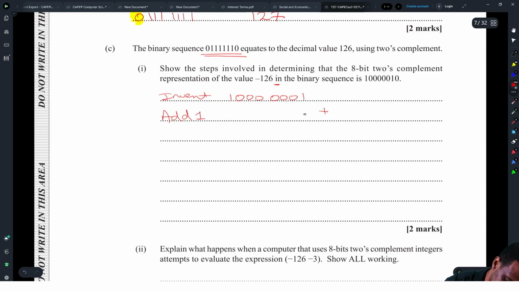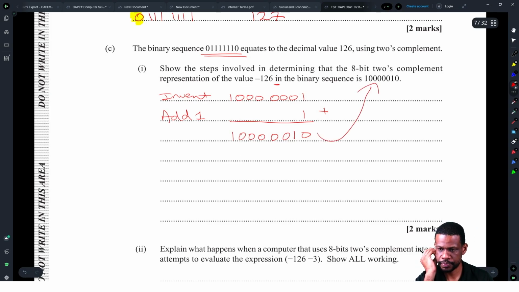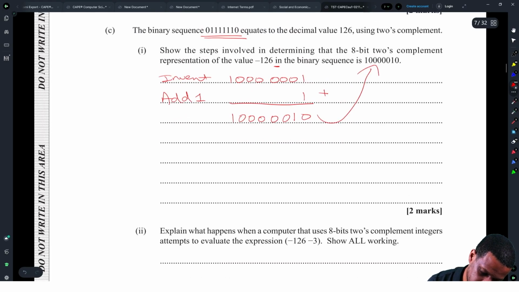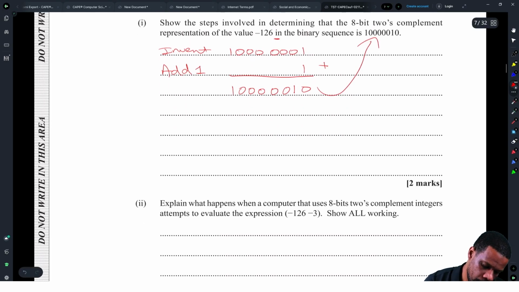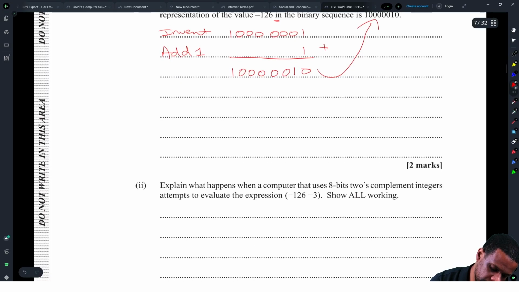When you add 1, 1 and 1 is 0, carry 1, so you carry that 1, and I get 0, 0, 0, 0, 0, 1, which matches back to that. Alright, so as you mark there, should be good. You invert and add 1 here.